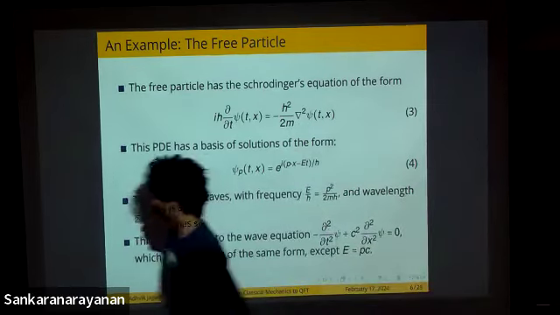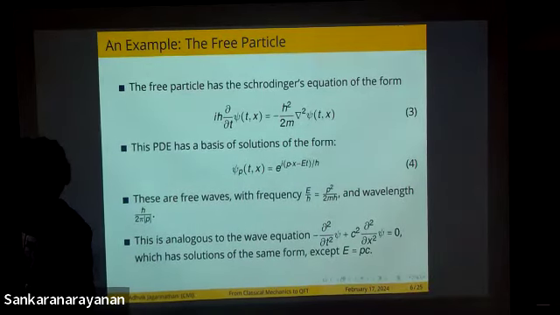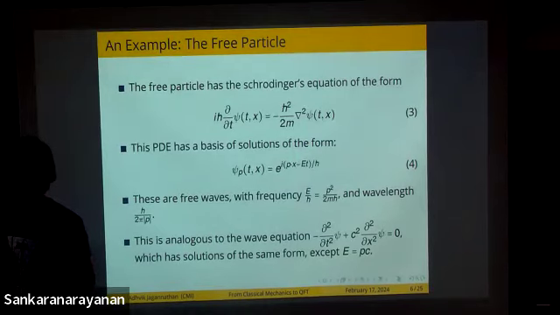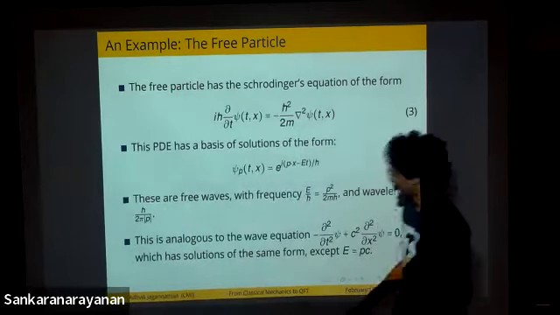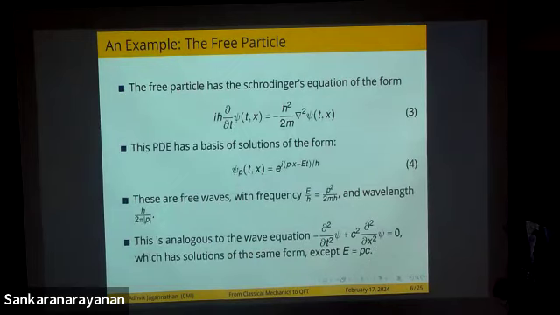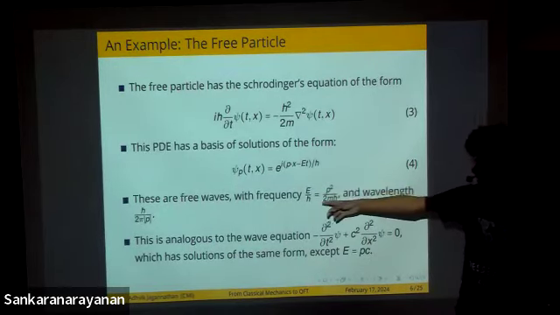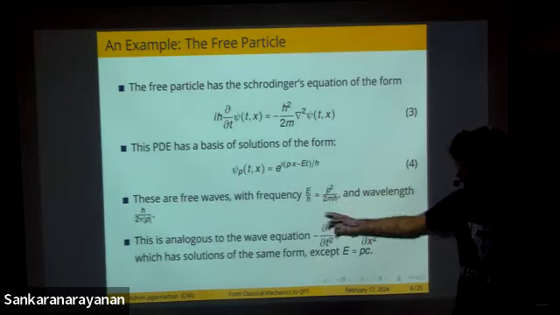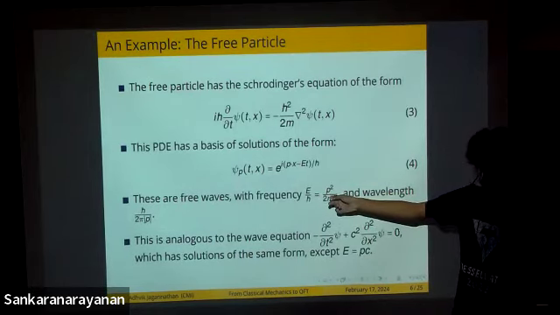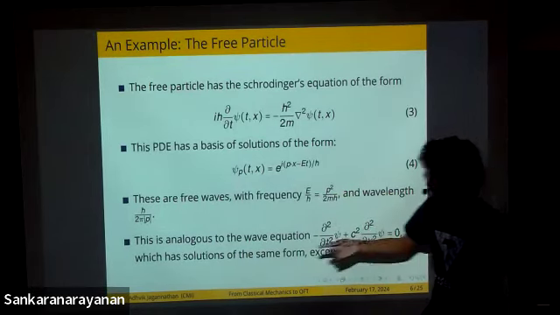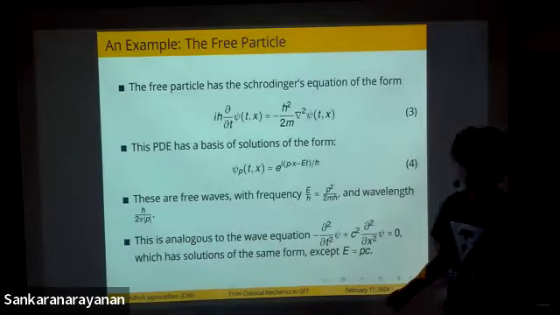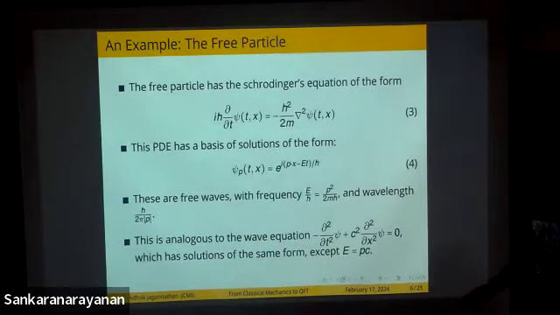Here we had one position coordinate; you can have three position coordinates. So these are free waves with frequency given by energy, which also depend on momentum. And the wavelength is given by this, which is designed to satisfy De Broglie's wavelength relation.